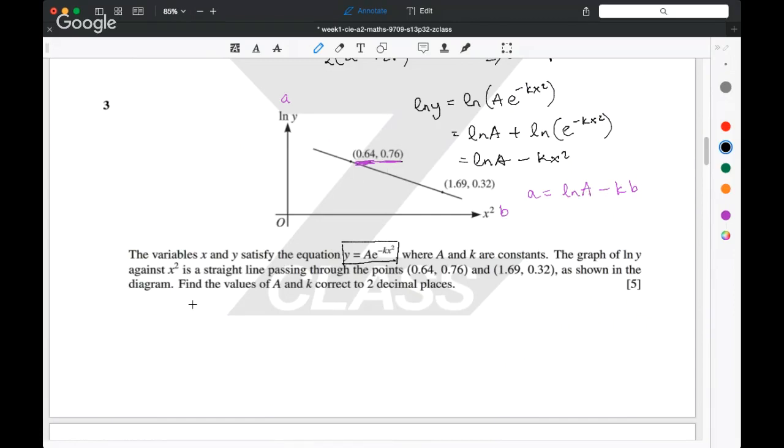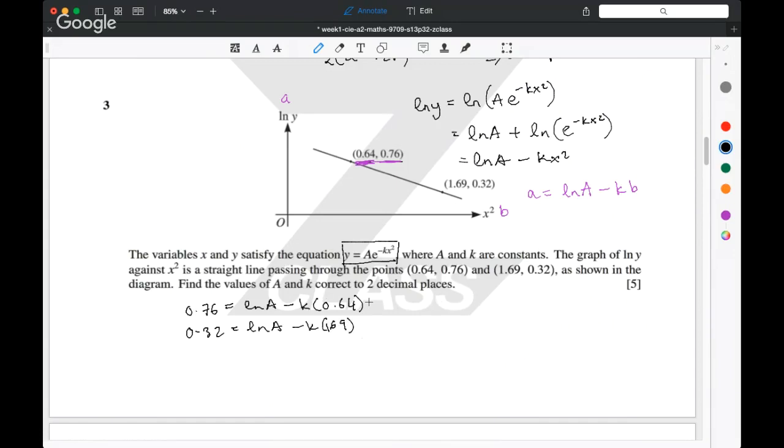That's easy. For the first point, we have that 0.76 is equal to ln A minus k times 0.64. And for the second point, we have that 0.32 is equal to ln A minus k times 1.69.